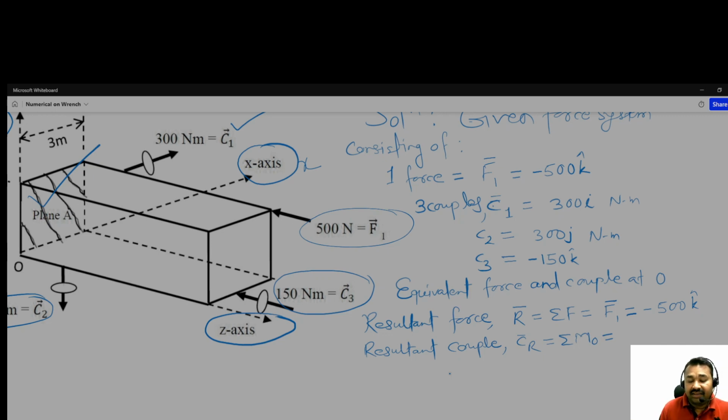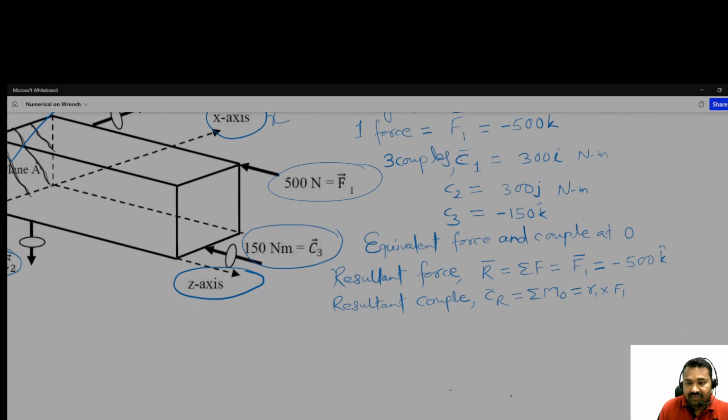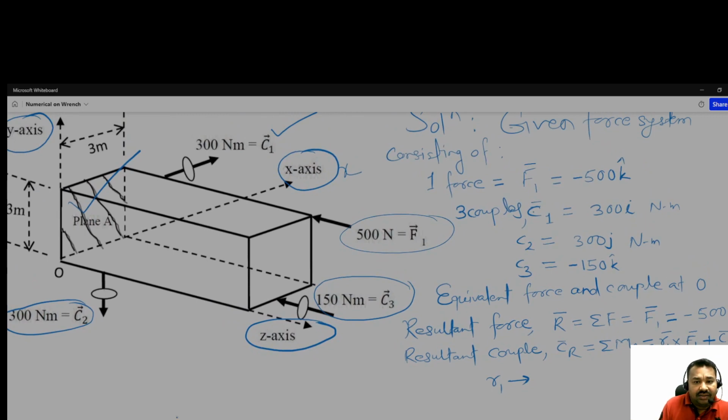So for that, what is required? Because there is only one force, the force and a perpendicular distance create a couple, R1 cross F1. Plus we have to add the couples C1, C2, C3. And what about R1? You can see here, this is F1 from the origin.